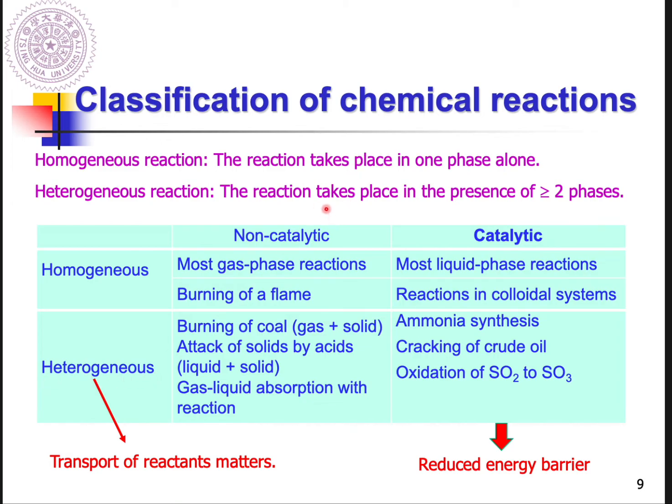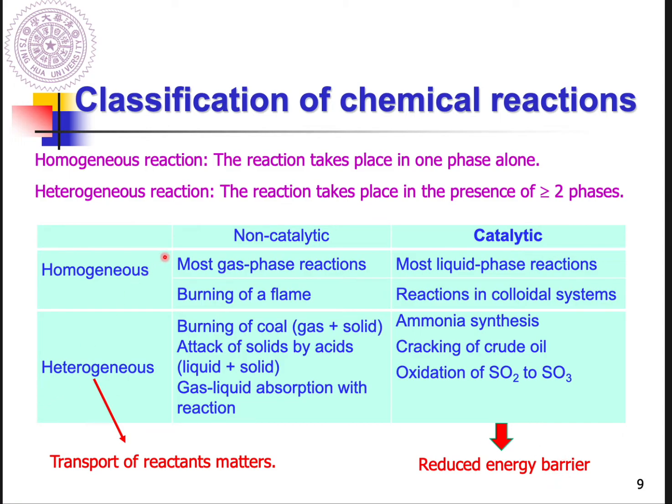And some people will add a catalyst to the chemical reaction, so some people will classify as non-catalyst and catalyst. The purpose of adding the catalyst is to reduce the energy barrier or activation energy to speed up the reaction rate of the chemical reaction.